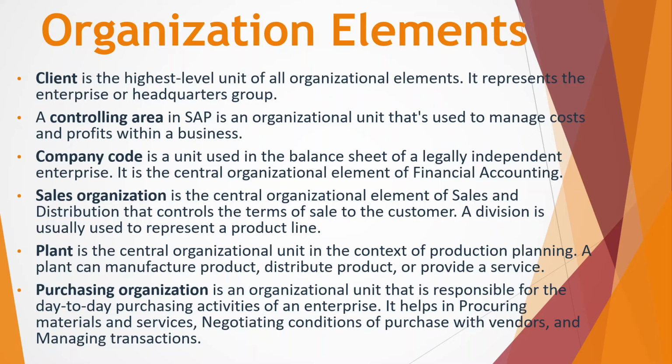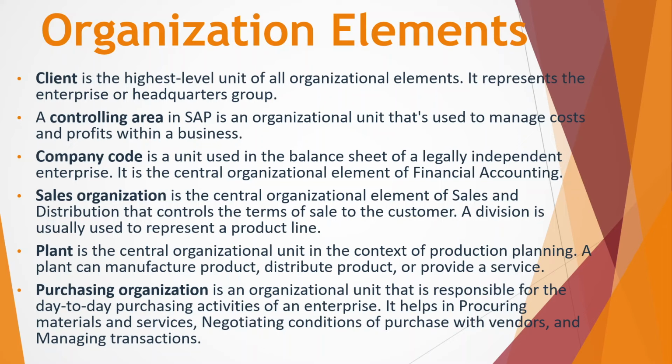If you want to have a profit and loss account, balance sheet, cash flow statement, fund flow statement, you will always prepare them at the company code level, as per the rules and regulations applicable for the given country. Remember, reporting happens at the country level and international level as well.